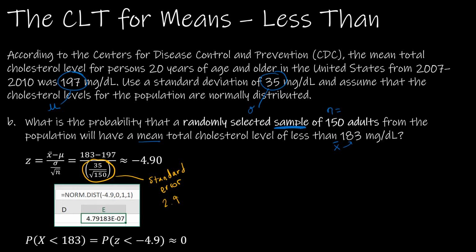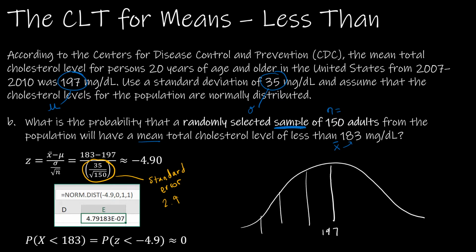Now, the reason that I want to bring that up is, if you'll recall the picture we just made, this is 197 still in the middle, and when we just did this with the population, we said that this would be adding 35, subtracting 35.